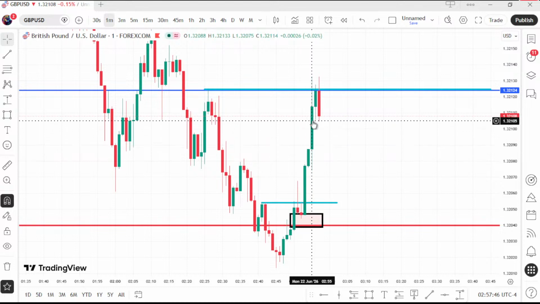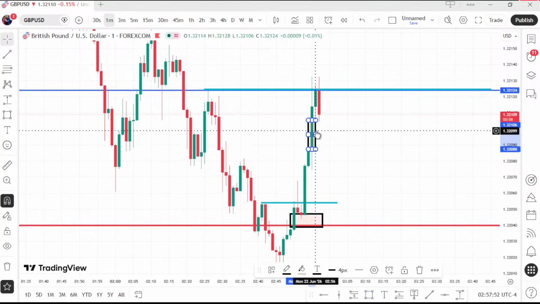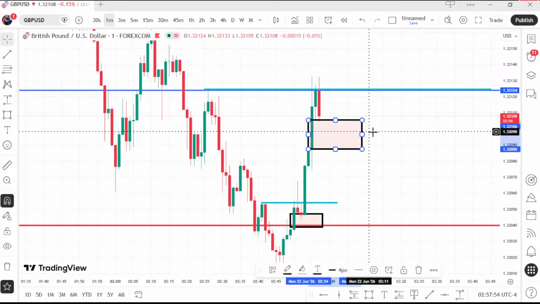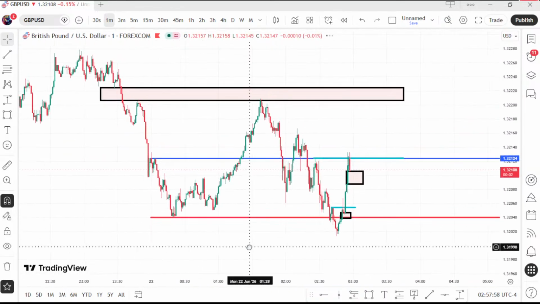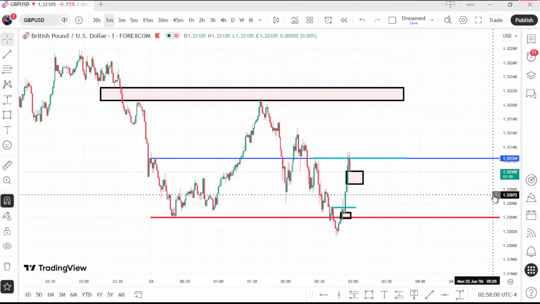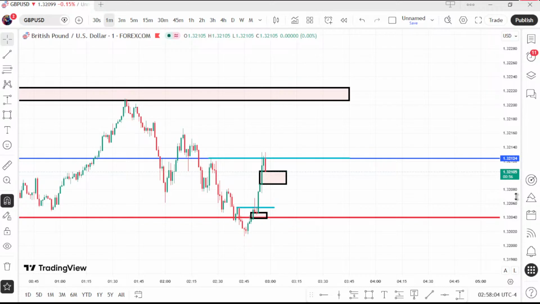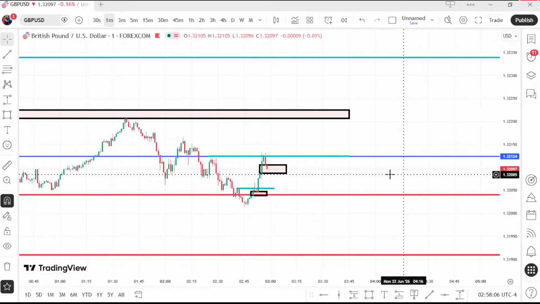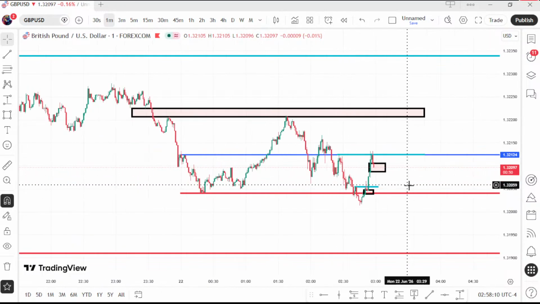Another entry is there where price has declined to that fair value gap there. And also it's below the midnight opening price. And also take note, it's a Monday.